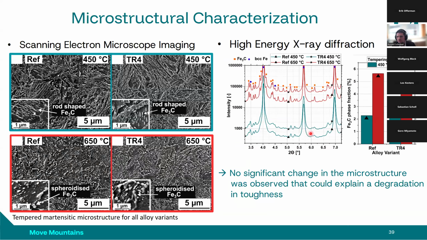Just focus here on the phase fraction of cementite, which precipitates during the tempering. One can see there is almost no difference between the reference alloy and the one with the highest tramp element contents. And when you have a close look at the images, you can see no change in the microstructure. No change in the microstructure was observed that could explain this loss in toughness.